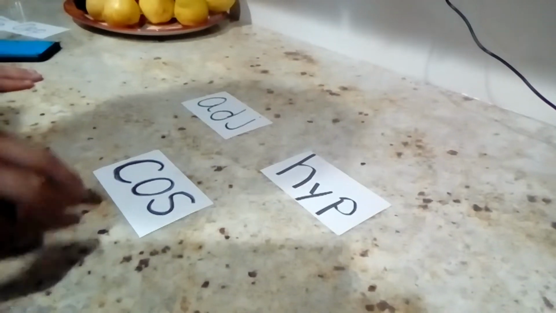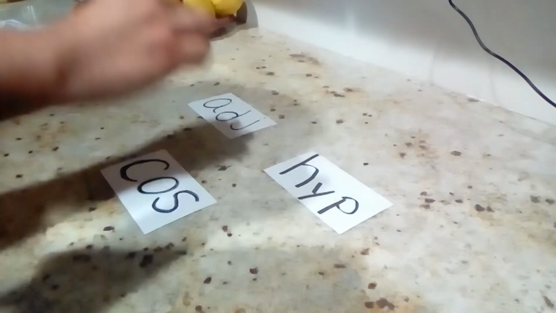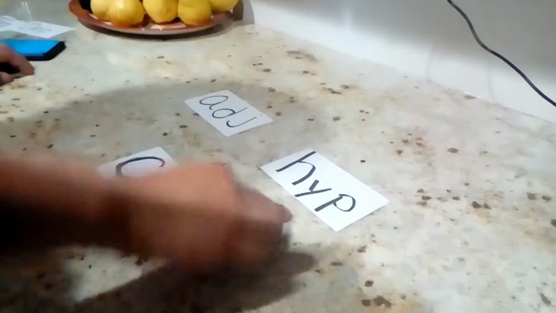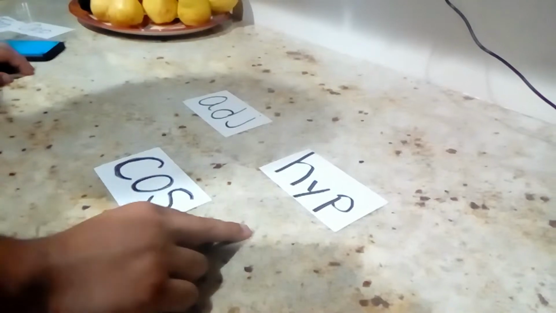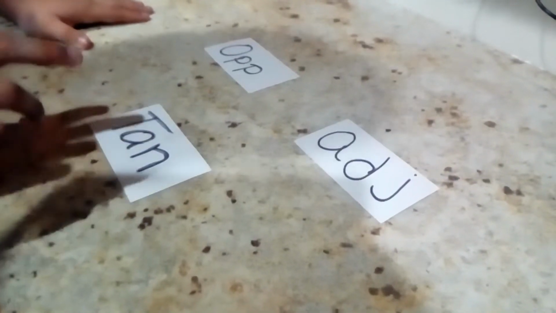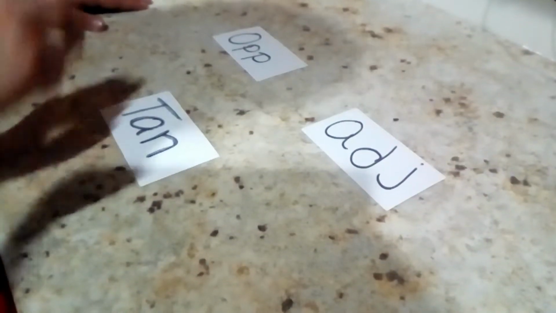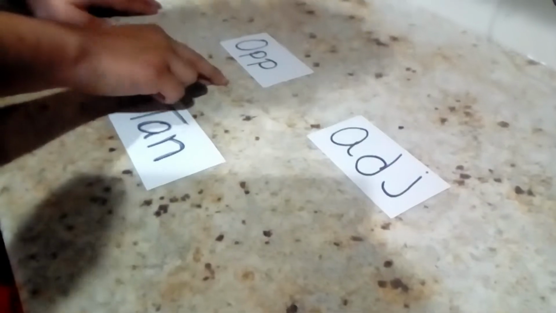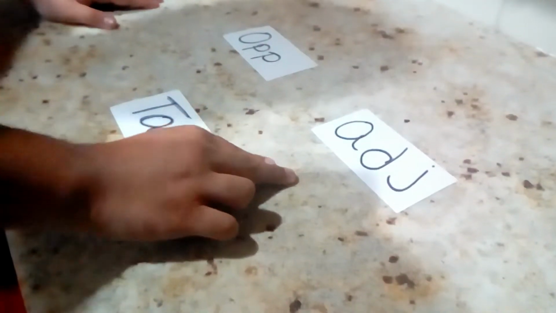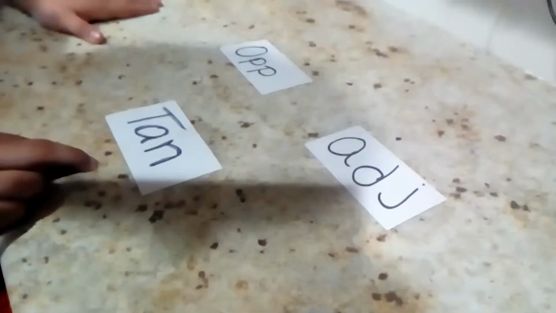For cosine, we have to get adjacent to a hypotenuse, so it's adjacent over hypotenuse to know that it's a cosine. So, same as the sine, except we have adjacent. So, again, opposite or adjacent can have tan.